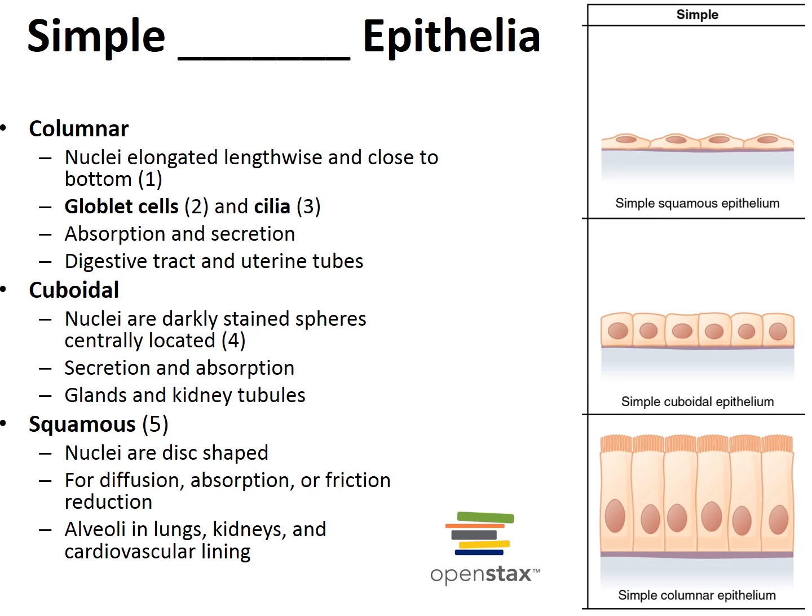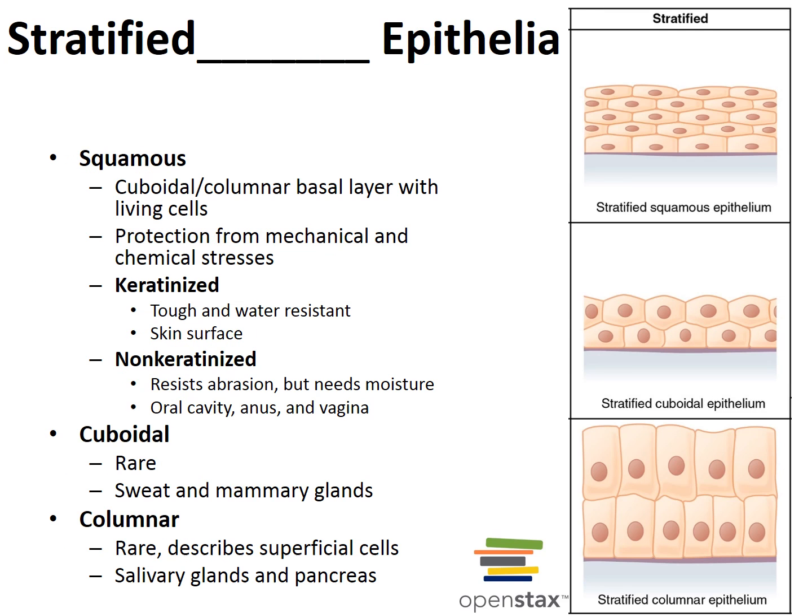Now, one thing to keep in mind, if epithelial tissue is stratified, it's named according to the apical layer of cells. Stratified epithelium is shown here. And again, you can have squamous, cuboidal, and columnar.